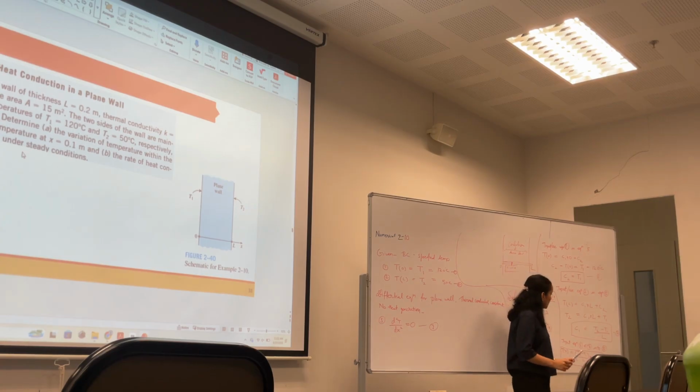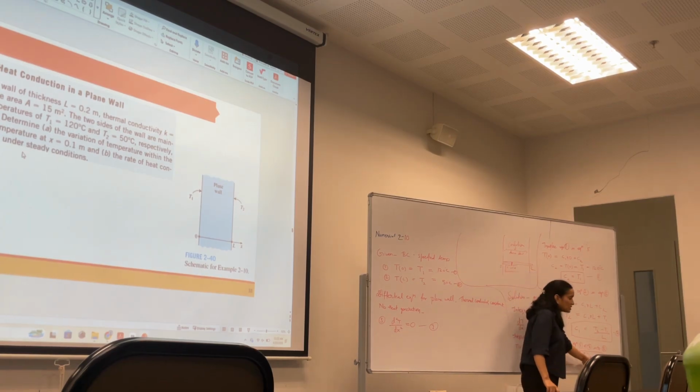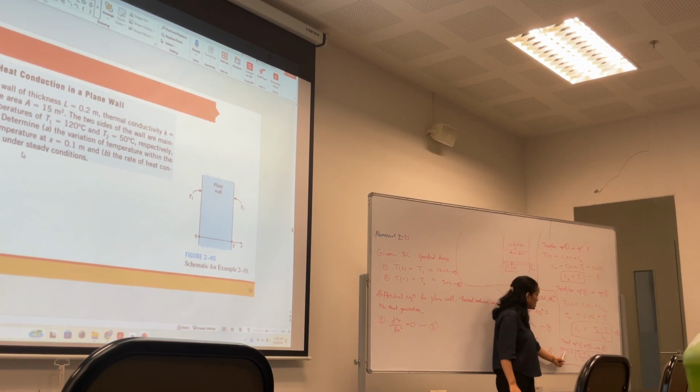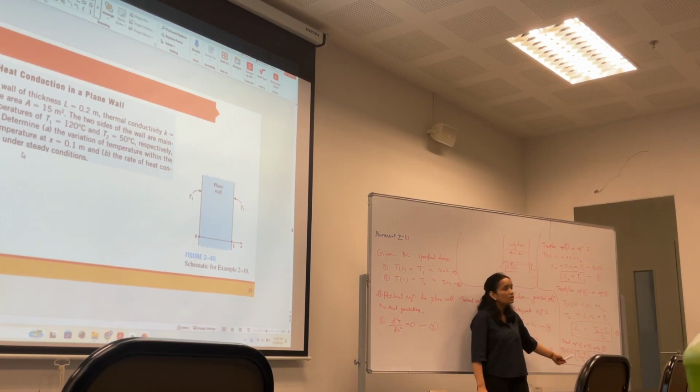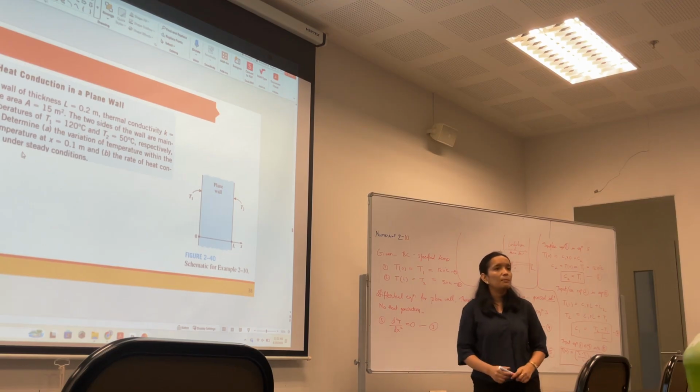Now in case of X, I will input 0.1 meter because this question is asking the temperature at 0.1 meter. So I will put 0.1 meter here, T2 is given, T1 is given, L is given. So I will know the temperature at 0.1. Understand? Can you input the values and tell me the temperature at 0.1?